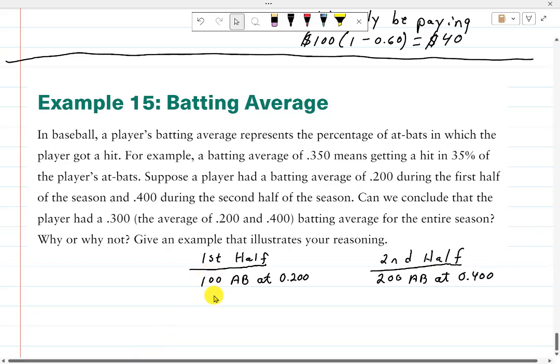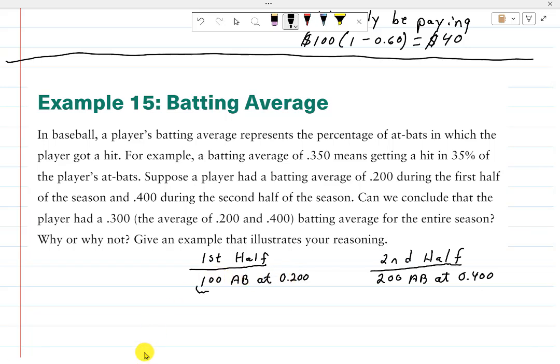So, here, if he batted 20% out of 100 at-bats, that means that he got a total of 20 hits here. But now over here, 40% of 200 is 80 hits.